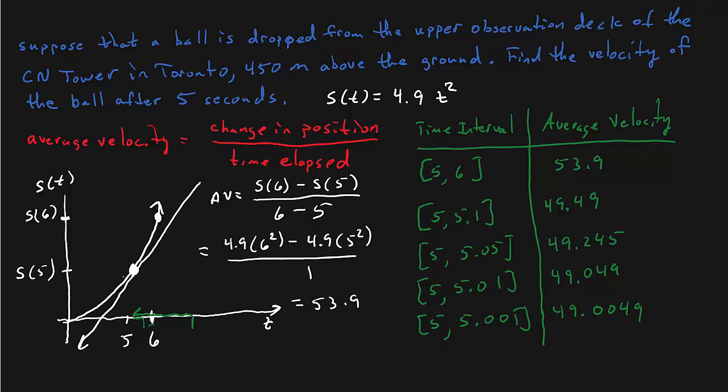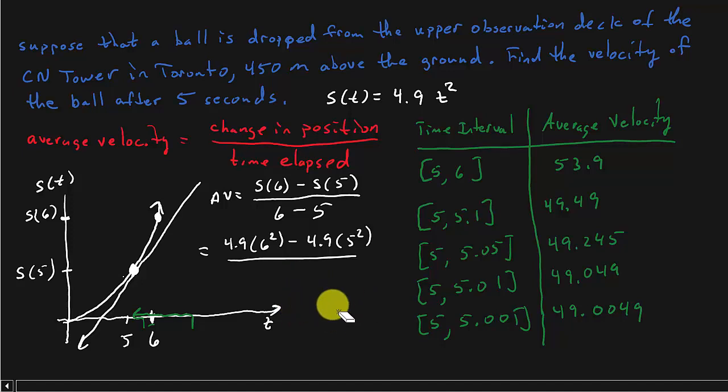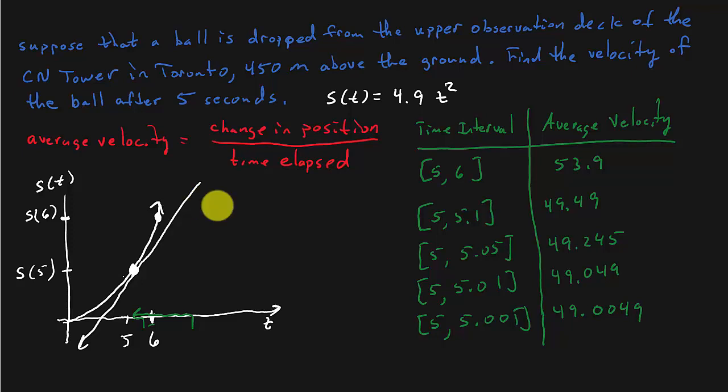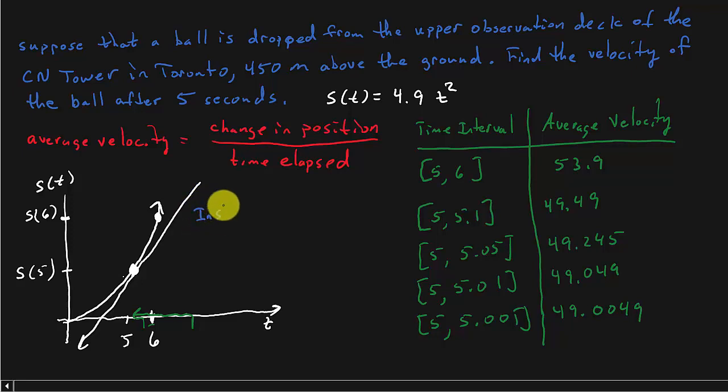All right, so what that has done is that has given us the average velocity. I've found the average velocity over each interval. Okay, that's what these values are. But remember, they want to know the velocity at 5, which is the instantaneous velocity.